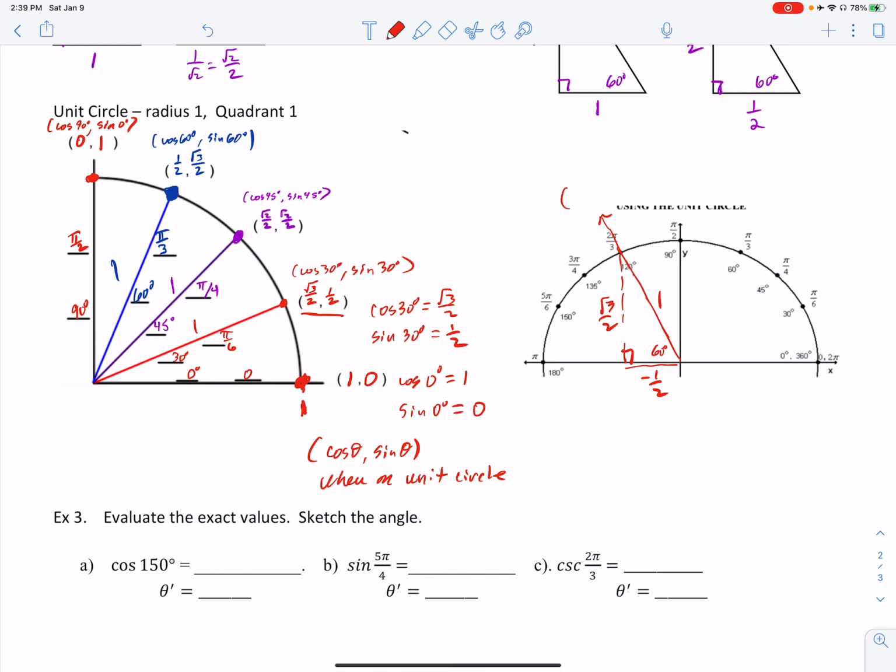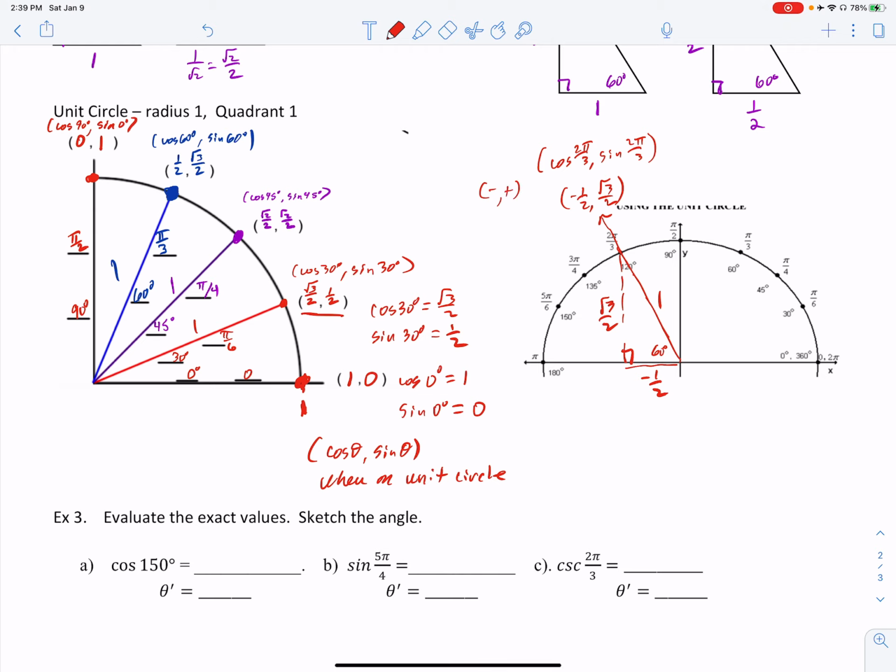So this ordered pair is negative 1/2, up root 3 over 2. And there I have the cosine of 2 pi thirds will be negative 1/2, and the sine of 2 pi thirds is going to be root 3 over 2. In quadrant 2, the ordered pairs are negative and then positive.